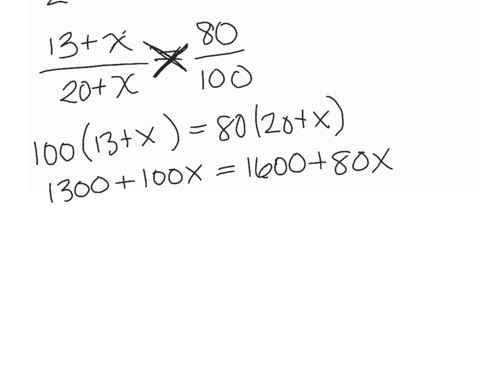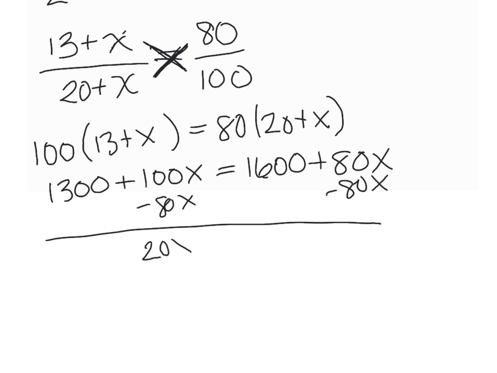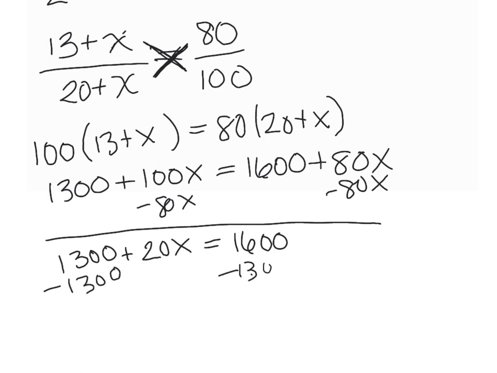Okay, and so now I'm going to try to move all of my numbers to one side and x's to the other. And move this over. So 20x equals 300. And if you take 300 and divide by 20, I get x equals 15.